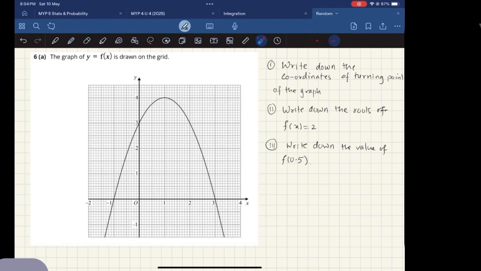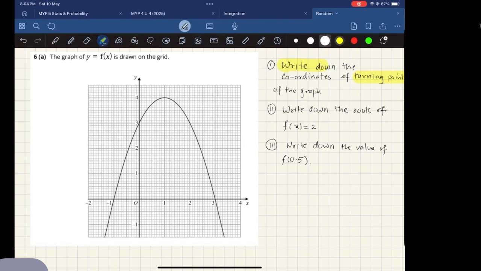Well, working is kind of optional when they use the command word write down. It's not that important. The only thing the examiner is interested in is the correct answer. Same again, this is write down, this is write down. Now there is another term that is coming, which is turning point.